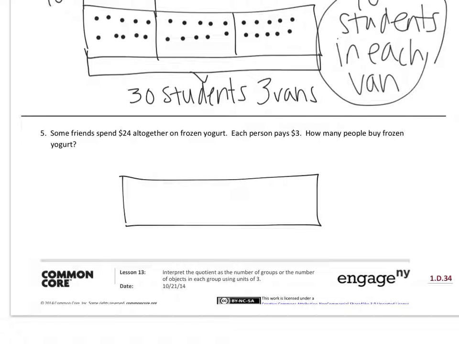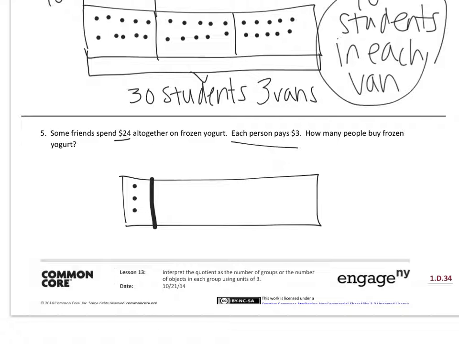On this problem, I know that they spend $24 and I know that each person pays $3. So, is my person my groups or are the number of people my groups? Well, each person is going to be its own group. So, I need groups of 3 because each person pays $3.